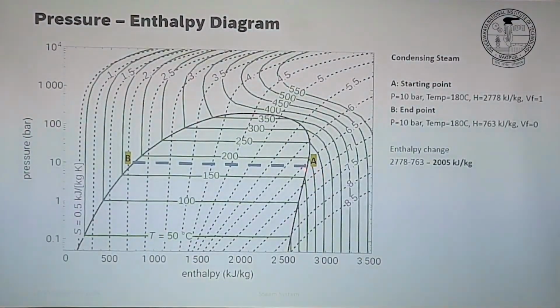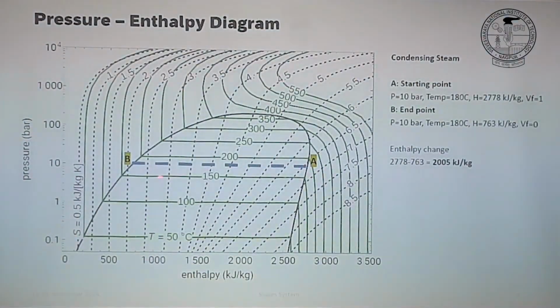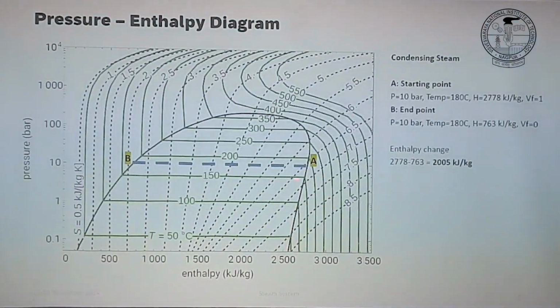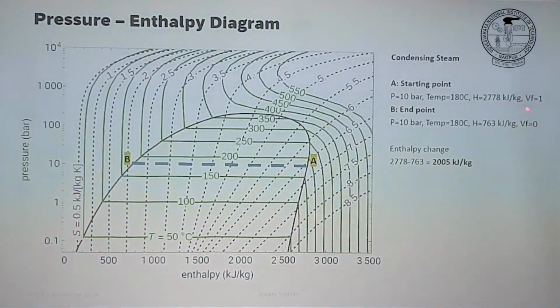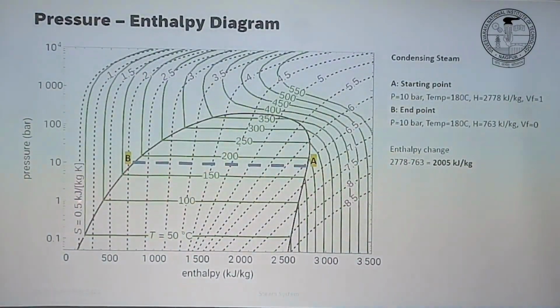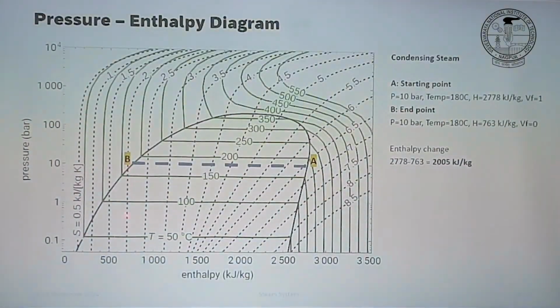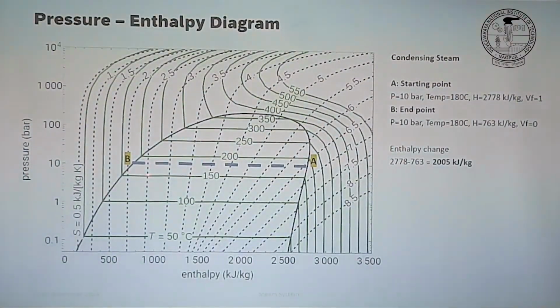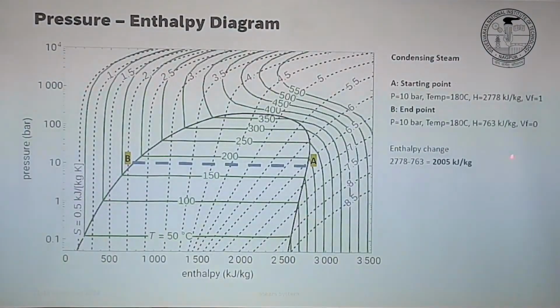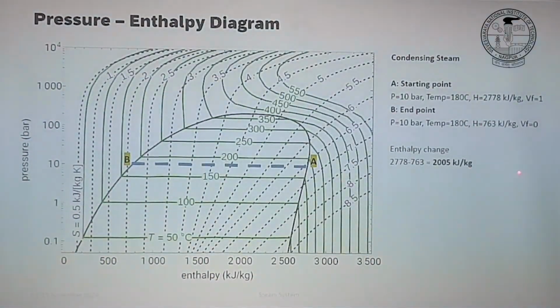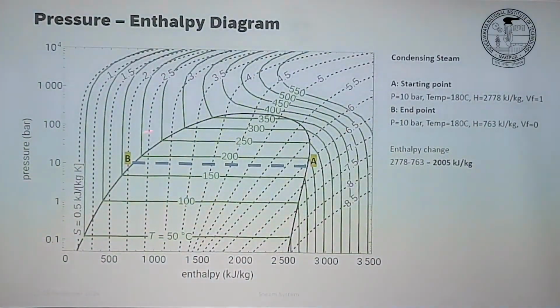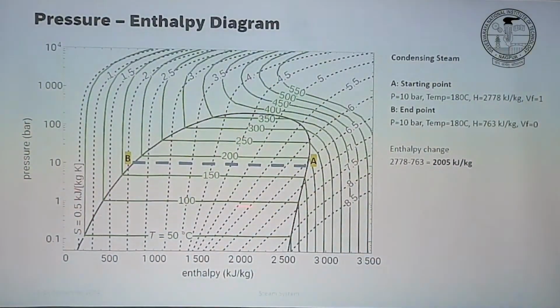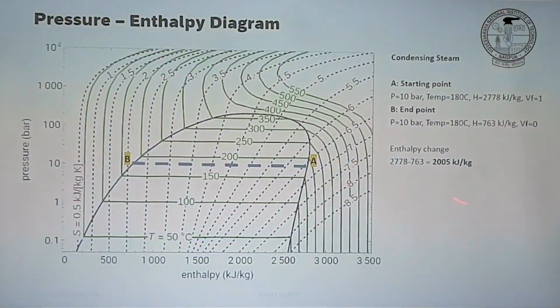We started here, and we cool it from here to here, thereby reducing the vapor fraction from 1 to 0. At this point, we can already read, or calculate based on MCP, the enthalpy of our steam at point B, somewhere around 763. Means if I go from point A to B, which is saturated steam to saturated liquid, we can extract almost 2000 kilojoule per kg.